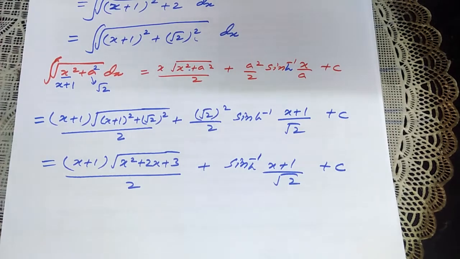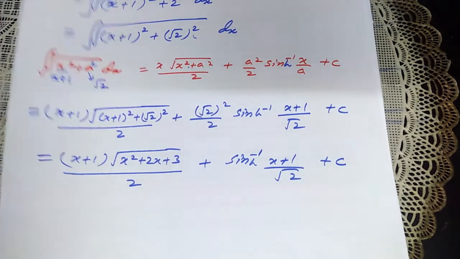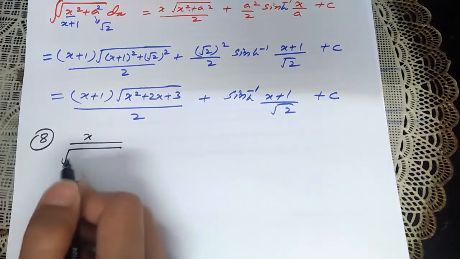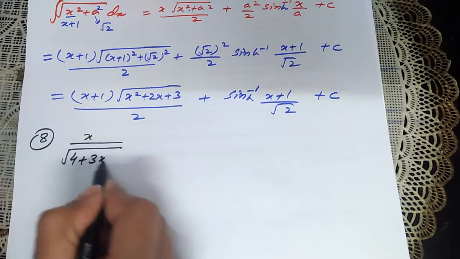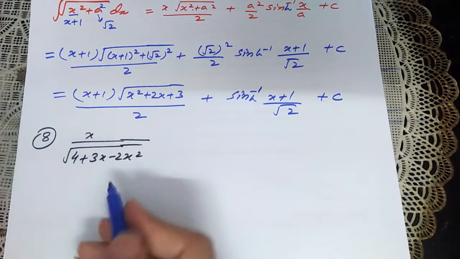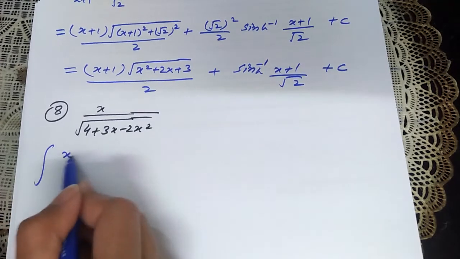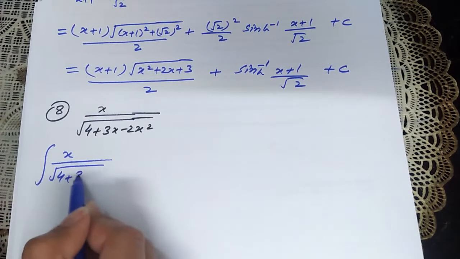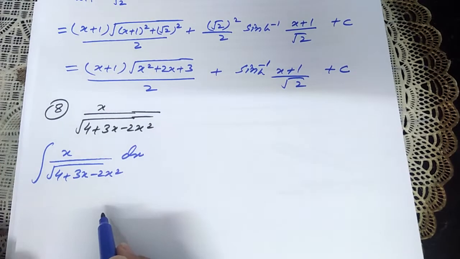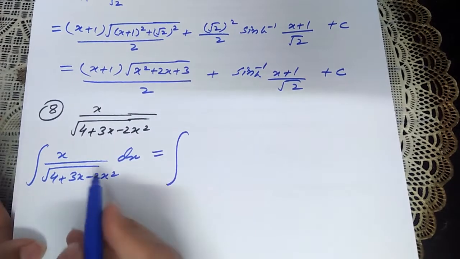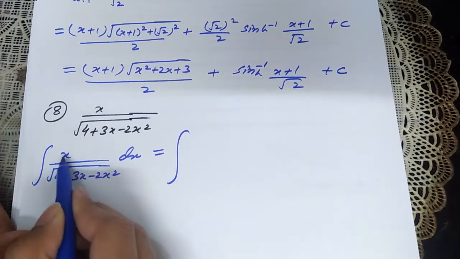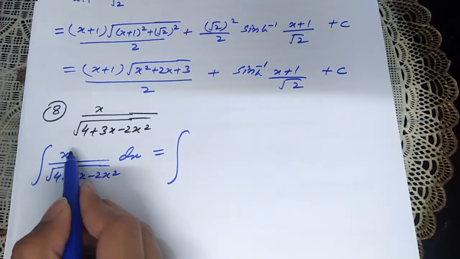Now we need to move on to question number 8. Integration of x over under root 4 plus 3x minus 2x square dx equals, I know that the highest power in the denominator is square and the lowest power in the numerator is x.